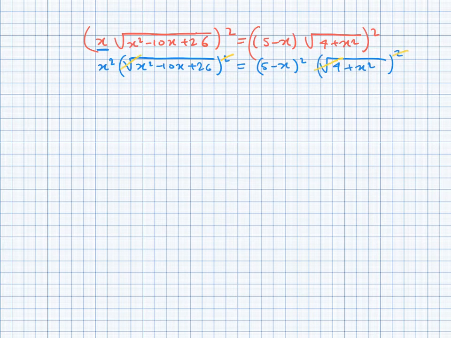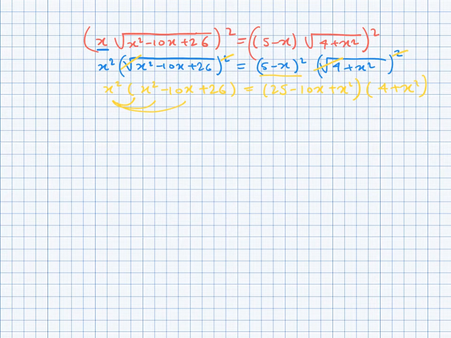So we're going to be left with x to the power of 2 times x to the power of 2 take away 10x and plus 26, equal to, and we can expand this part here, which is going to be 25 take away 10x and plus x to the power of 2, and then times 4 plus x to the power of 2. The next line would be to expand, to multiply every single term inside the brackets with whatever we have in front of the brackets.